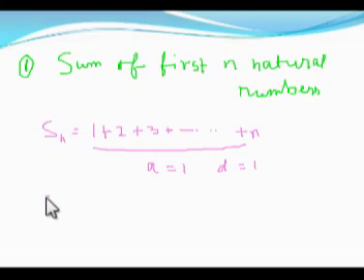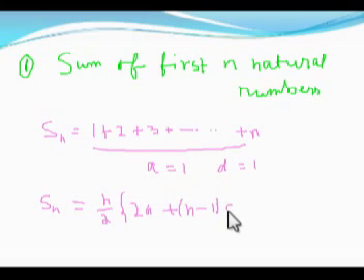So we know the sum of n terms in an arithmetic progression is n by 2 into (2a plus (n minus 1) into d).